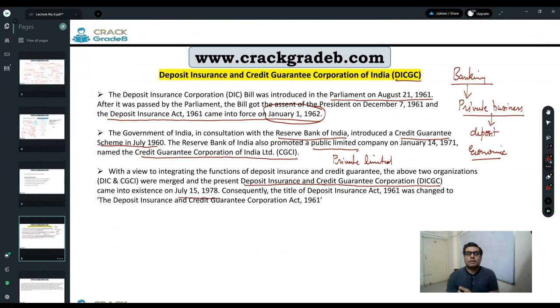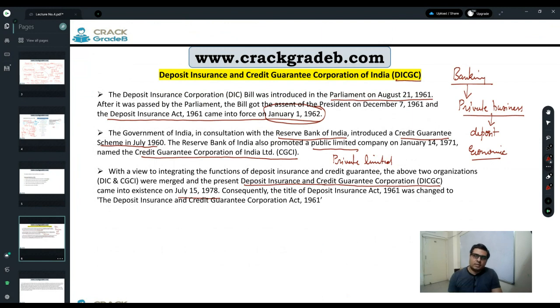Later on, in the second 5 year plan, the government wanted to focus on industrial development, and thought that we must have an organization which can provide credit to small and medium businesses. That is why, in consultation with Reserve Bank of India, the credit guarantee scheme was established, and to implement that scheme, RBI established Credit Guarantee Corporation of India, right?